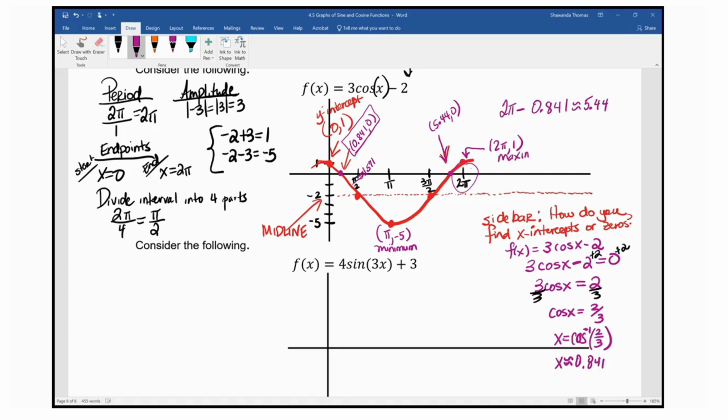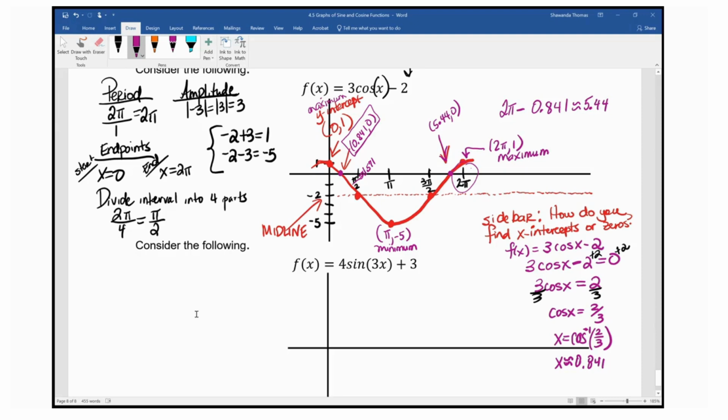Good. Great. All right. Anything else I wanted to say about that one? No. Other than this is also a maximum up here. The y-intercept was a maximum.